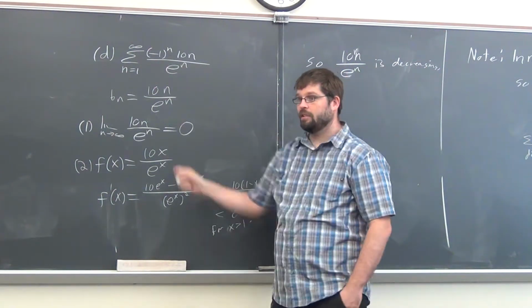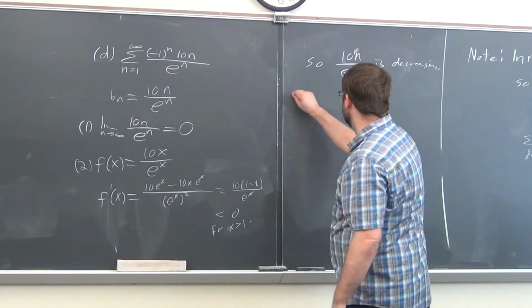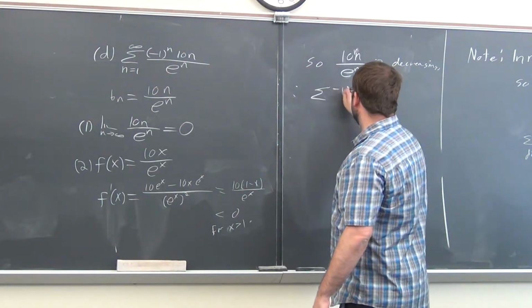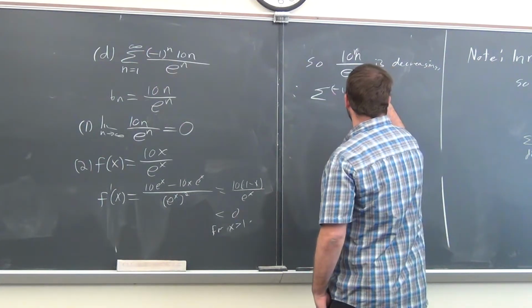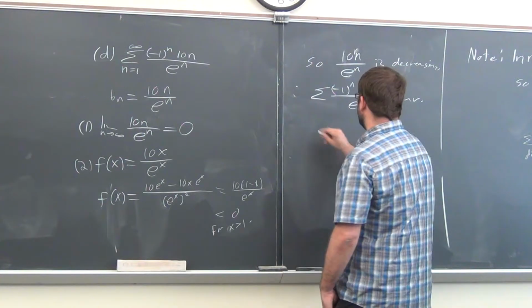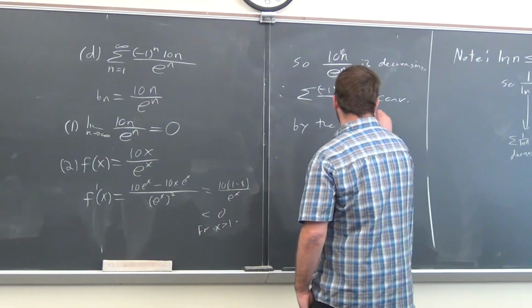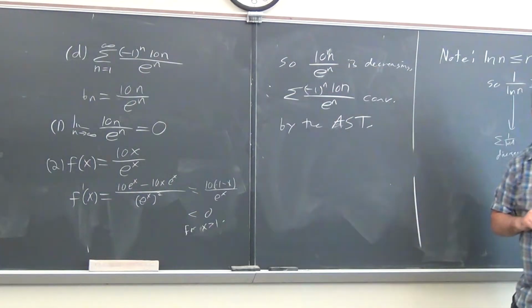And that's all we need, right? The limit has to be 0, it has to be decreasing, and so therefore that series 10n over e to the n converges by the, abbreviating here, alternating series test. Okay?